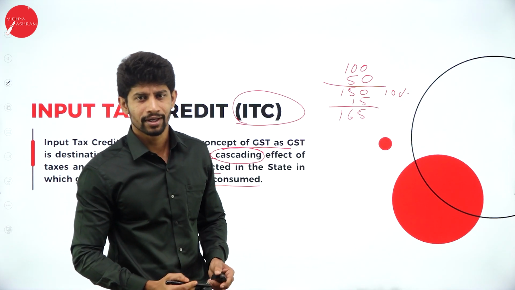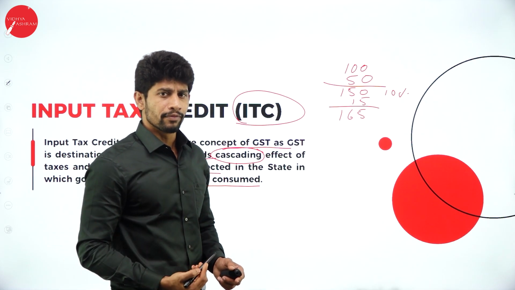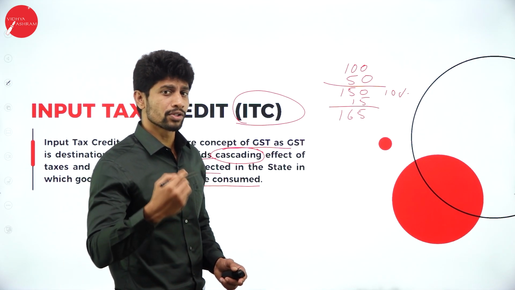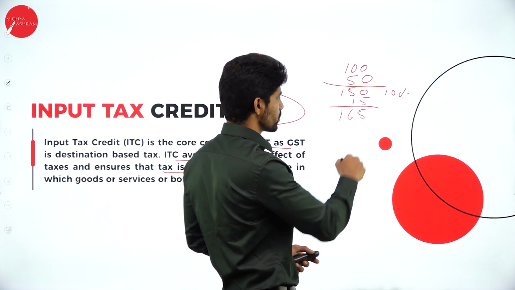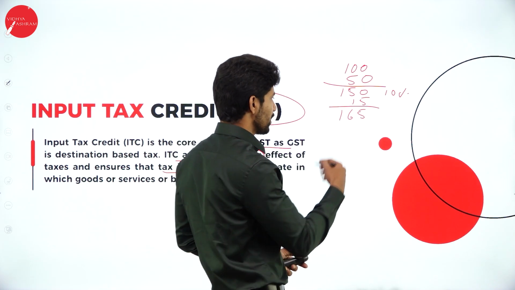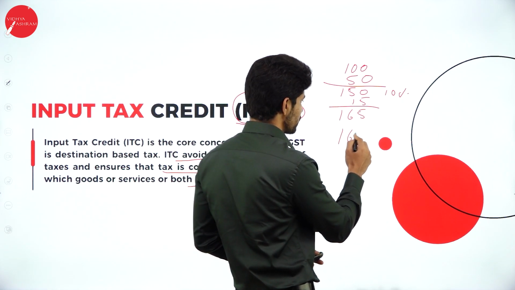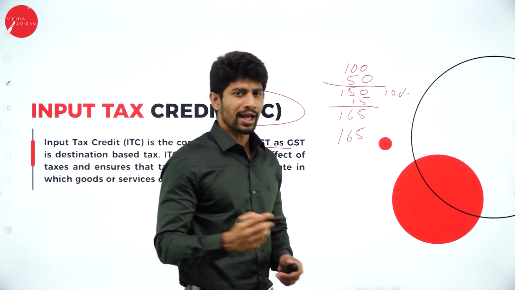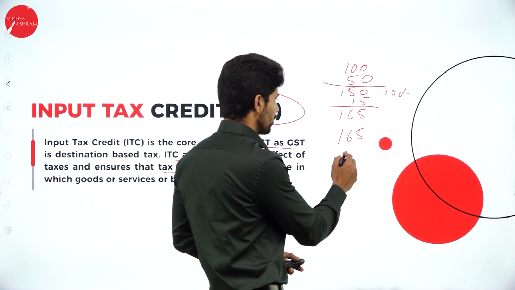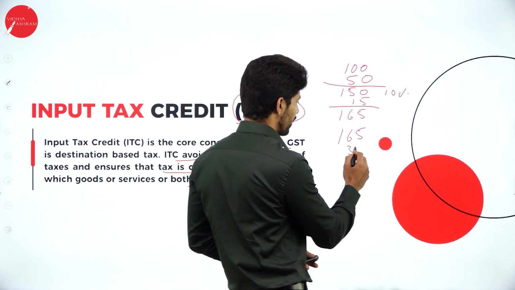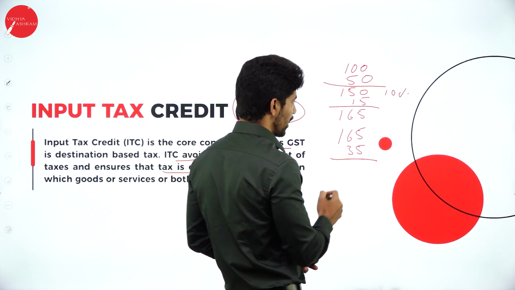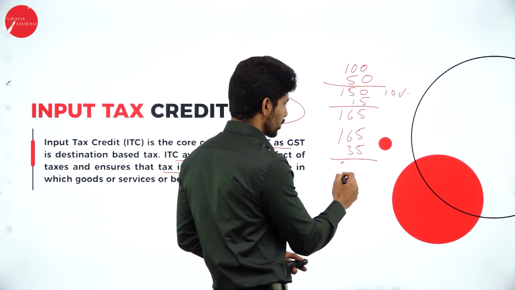Got it? 165. Now what the middleman will do next, or the retailer or the wholesaler will do, the wholesaler purchase this from the manufacturer by paying, let us say, 165 rupees, and will be adding his profit of 35 rupees, and now here the total comes to 200.